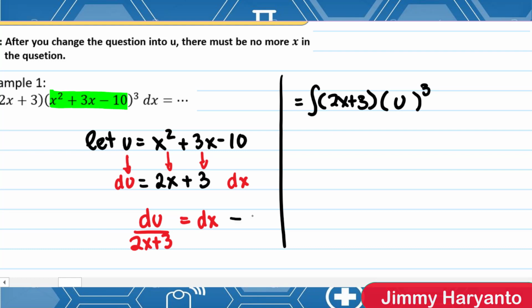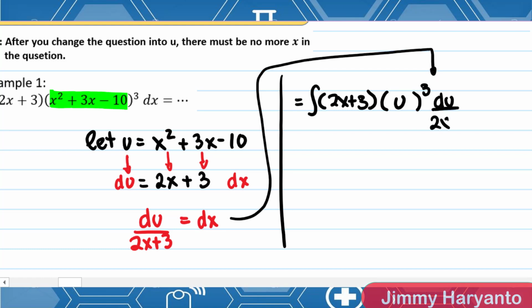And then for the dx, we change the dx into du over 2x plus 3. As you notice, the 2x plus 3 can be cancelled because it's the same. So after you change the equation into u, there will be no more x. If you don't have any more x in this question, then you are correct.